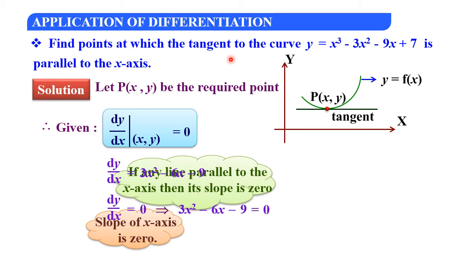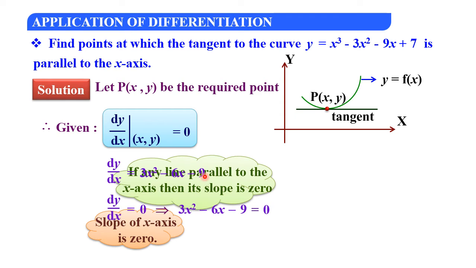When you will be finding the points on the curve, first of all you need to find the differentiation of the given curve. Dy by dx equal to 3x square minus, x square derivative is 2x, 2 times 3 is 6x, it is written here, minus 9x, derivative is just minus 9, 7 differentiation is 0.